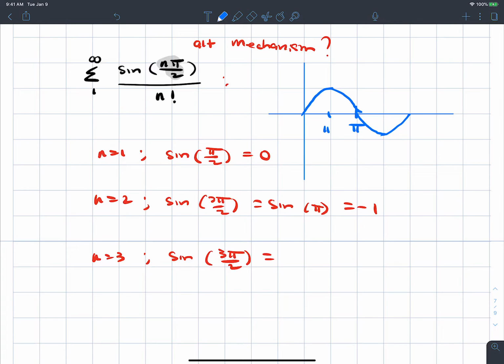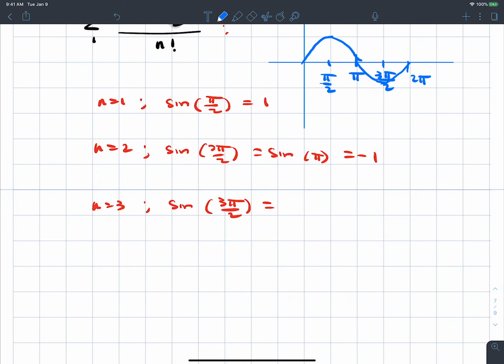I'm sorry. We got some things to consider. Let's go back. Sine of pi over 2 is positive 1, not 0. Good. Right? So let's look at these terms. It's always good to draw the picture. Okay? So that's 1. And then you say, what about sine of pi? Well, that one's 0.